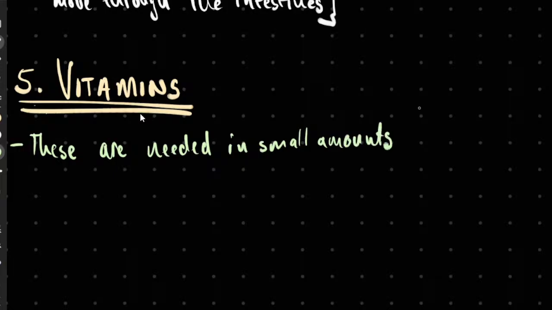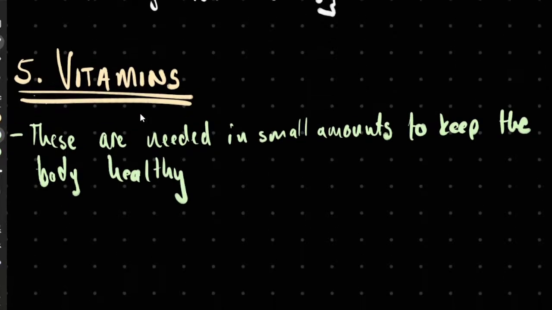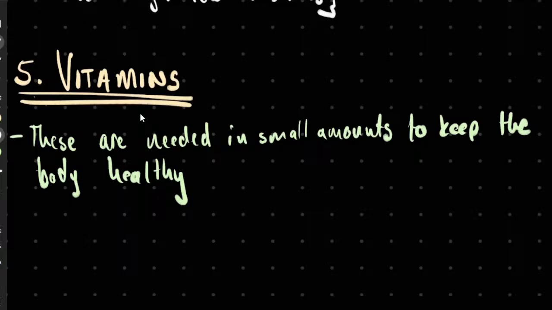Vitamins, these are needed in small amounts to keep the body healthy. So should I know about Ch.7? Yes. Why they're important? Yes. And where to get them? Yes. Sources of vitamins. Where can you get vitamins? They keep the body healthy.